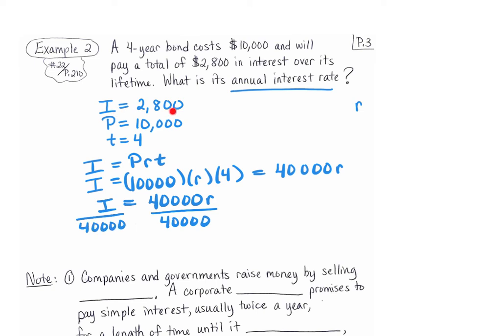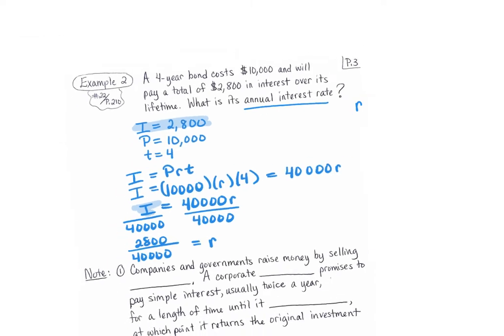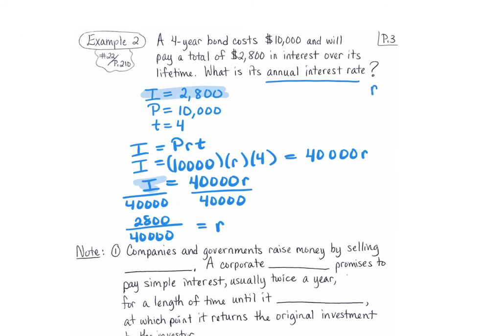And remember, we know what I is. I is 2,800, so we can actually substitute that in. So we have 2,800 over 40,000 is equal to R. And if you put that into your calculators, you will find out that that's equal to 0.07, or 7%.